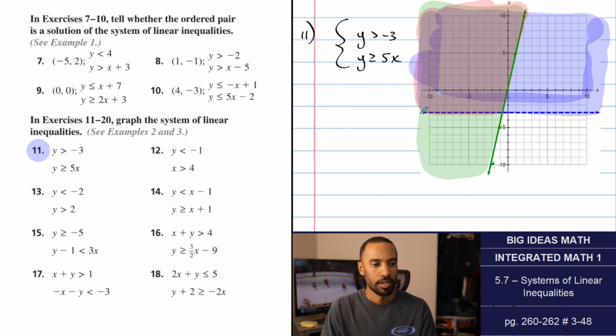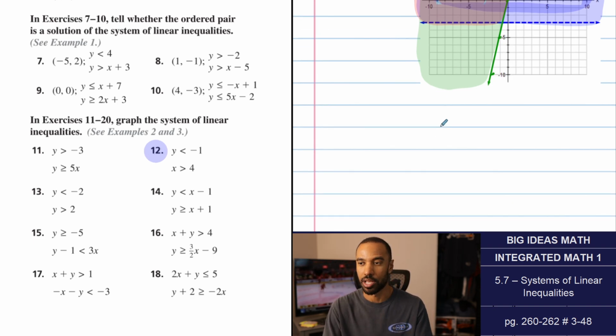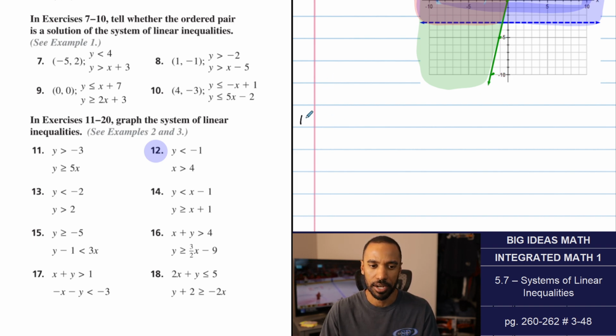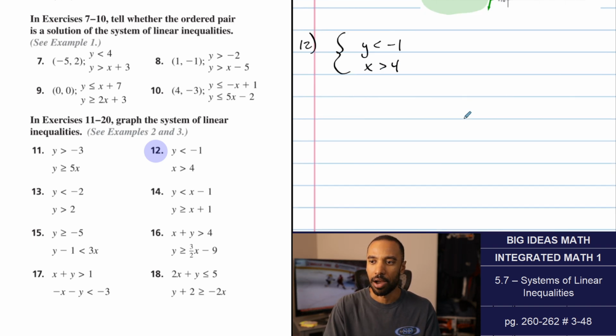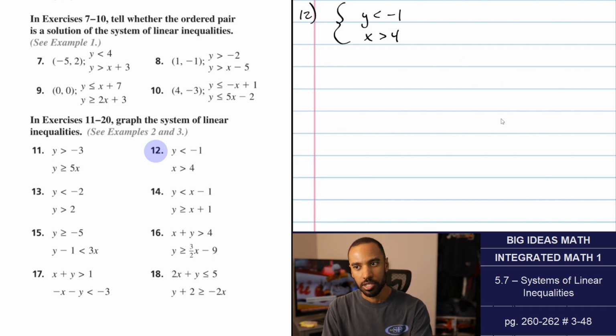Okay, number 12. Now, they didn't mention something like provide an ordered pair that's a solution and one that's not a solution. Maybe that's something they do later, but that's not here. So number 12, we have y is less than -1 and x is greater than 4. Now, each of these are very simplistic.